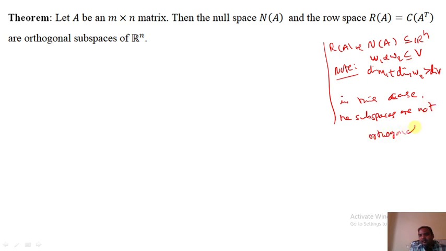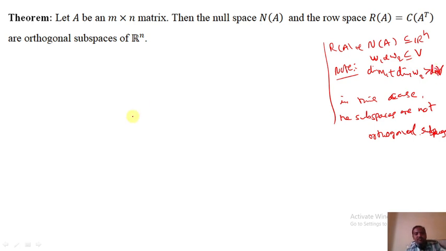If the sum is equal or less, they may be orthogonal, but if it is more, they are not orthogonal subspaces. Remember this one: the sum of the dimensions must be not more than the dimension of the space.